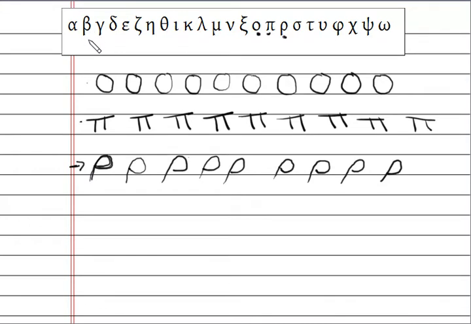Alpha, beta, gamma, delta, epsilon, zeta, eta, theta, iota, kappa, lambda, mu, nu, xi, omicron, P, rho. Not pi, remember it's P. Omicron, P, rho.